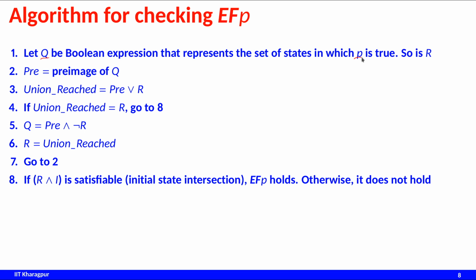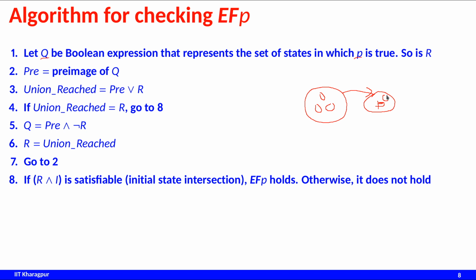What we used to do in explicit model checking, when we would like to verify EFP, is we first find out the set of states in which P is true, and then we find out the set of states from where I can reach this set of states.